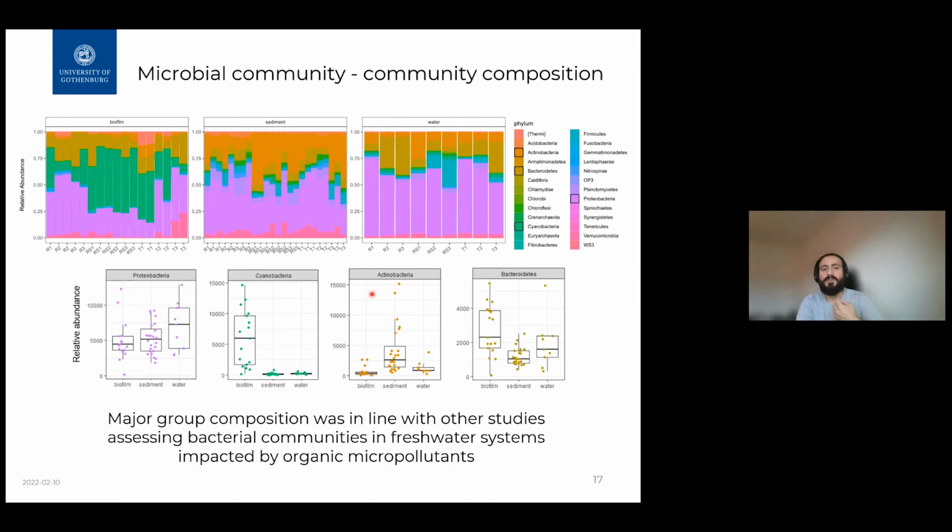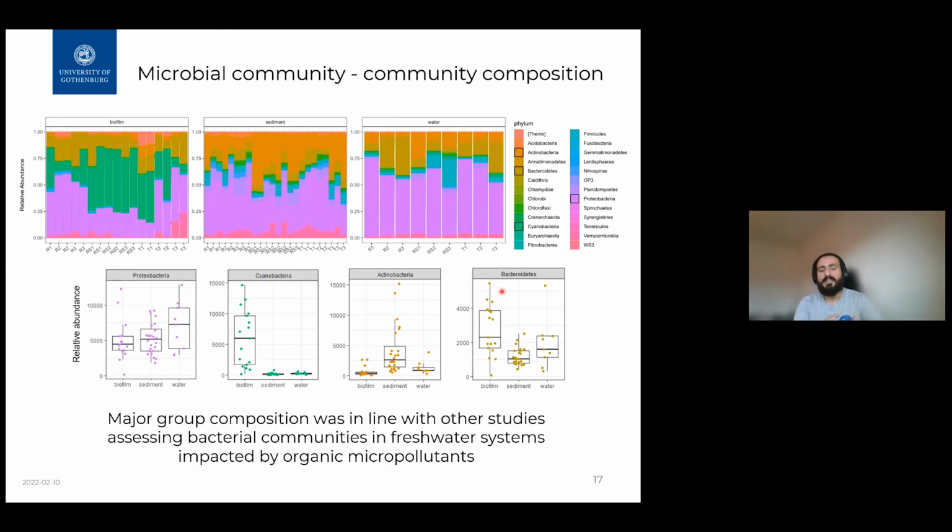So you can clearly see in the second figure down here how well represented this cyanobacteria group is, although it is at really, really low abundance in the other 2 environmental matrices. Similar story with the third more dominant group, the actinobacteria, well represented in sediment, and the Bacteroidetes, very well represented in biofilm communities.